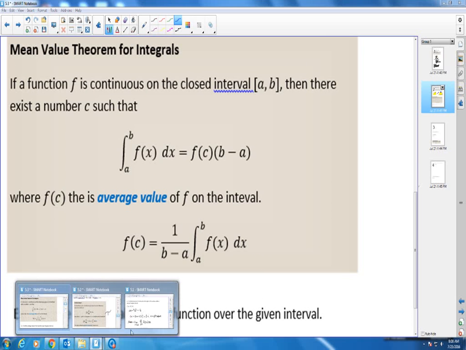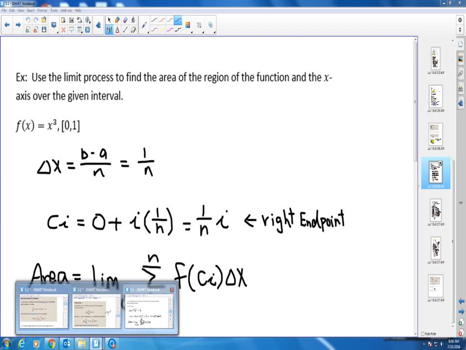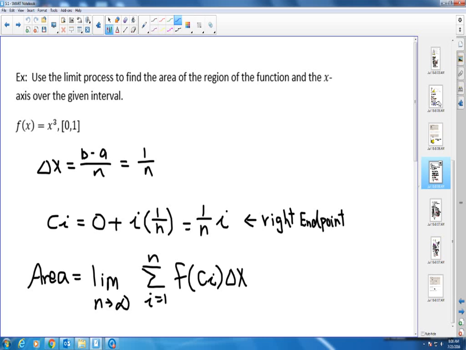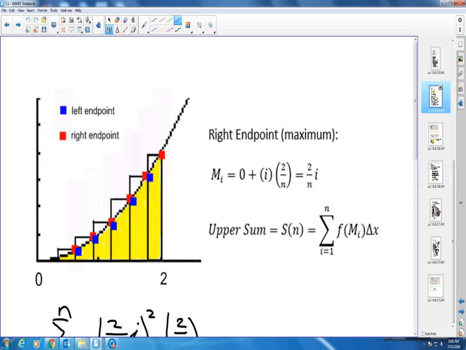If you think about some of the graphs we drew before for the area under the curve, where we drew a lot of rectangles, just look at this picture for example.